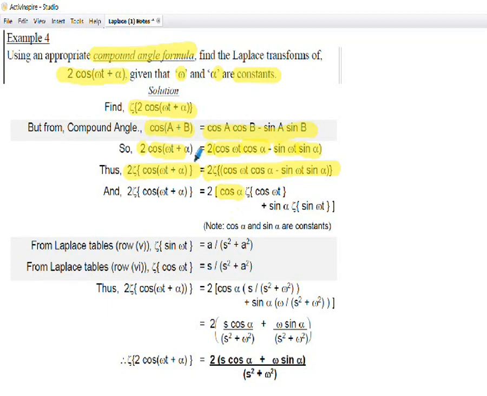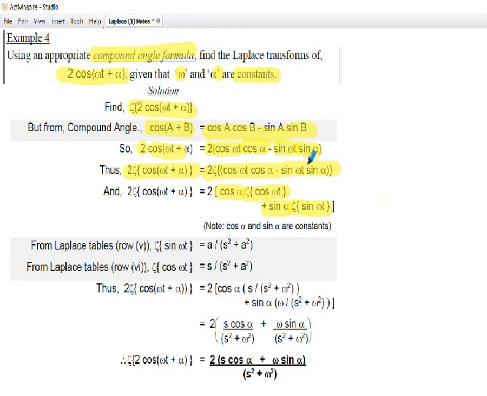So in the first term, the cos alpha can come outside and leave me simply with the Laplace of cos omega t. And in the second term, again, the sine alpha will be the constant, so in the Laplace bracket will just be sine omega t.